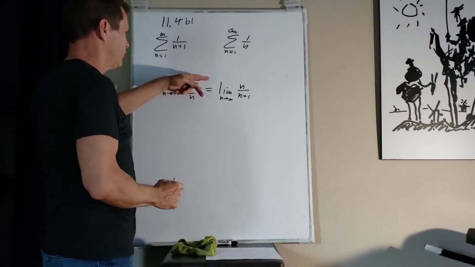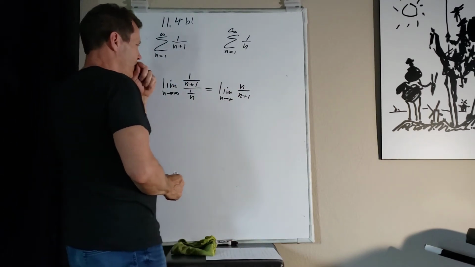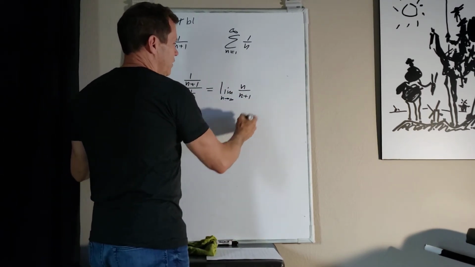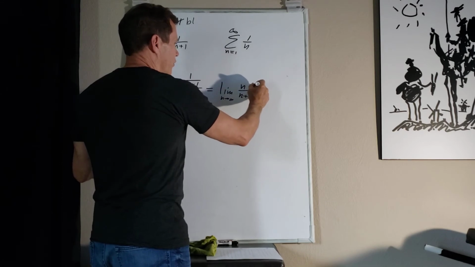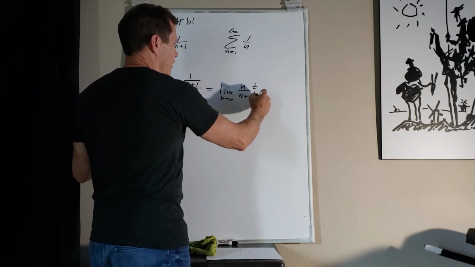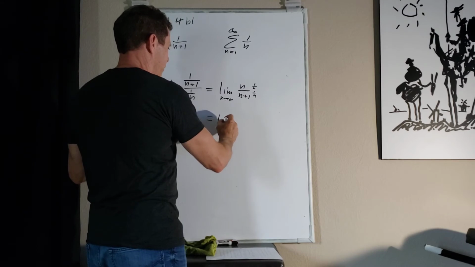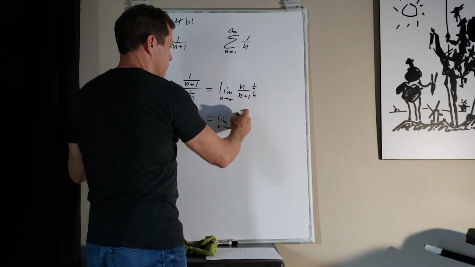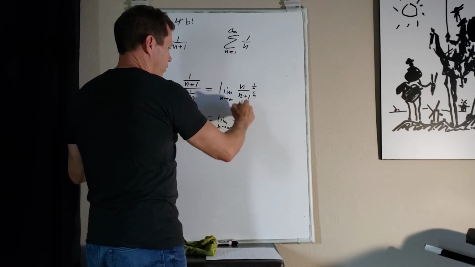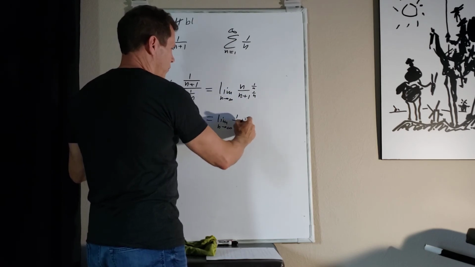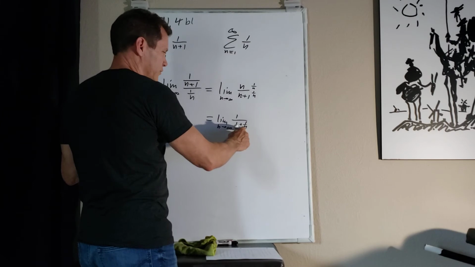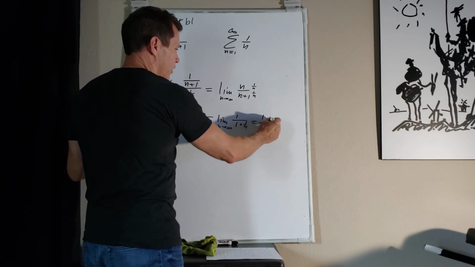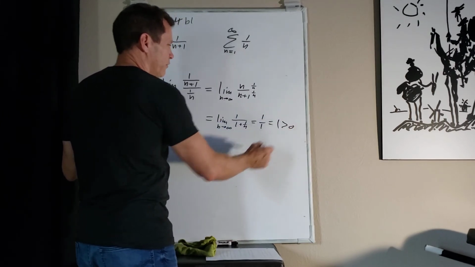It's a four-story fraction, so I flipped it and multiplied. And now as n goes to infinity, if you want to be technical, you could multiply top and bottom by 1 over n. So that's going to equal the limit as n goes to infinity of 1 over 1 plus 1 over n. Now as n goes to infinity, that goes to 0. You're going to have 1 over 1, so this equals 1, which is bigger than 0.